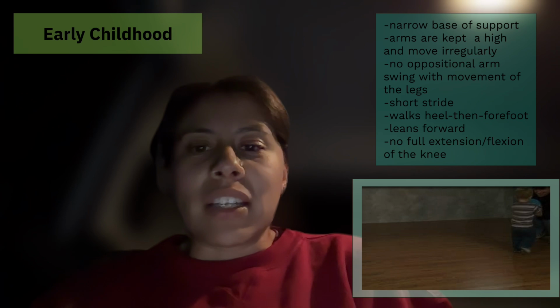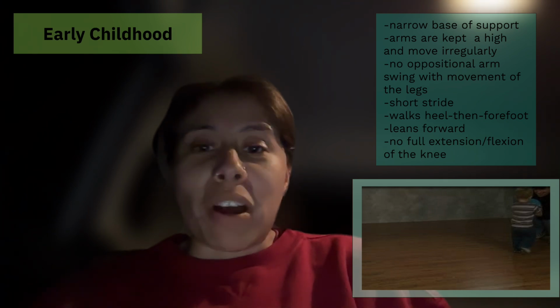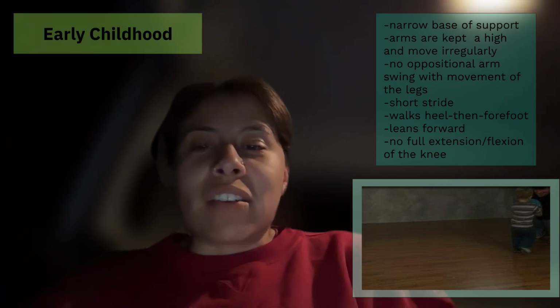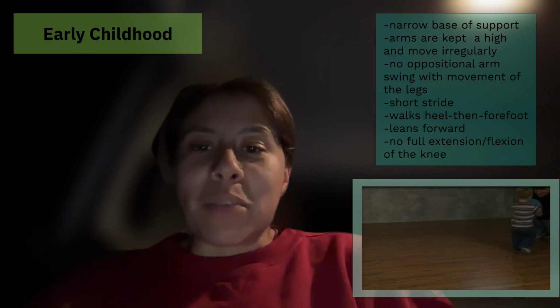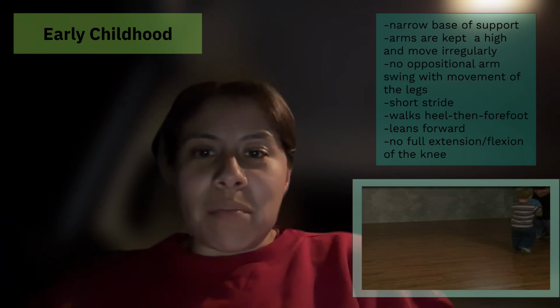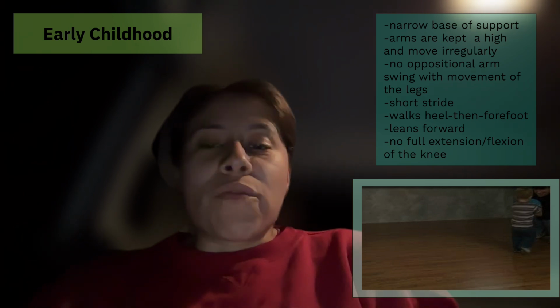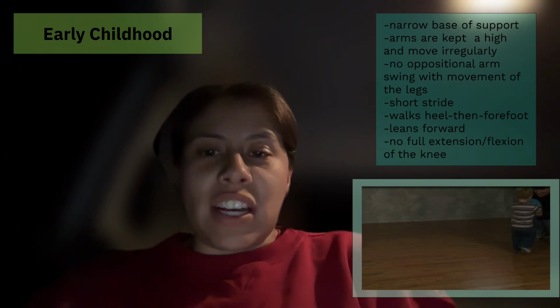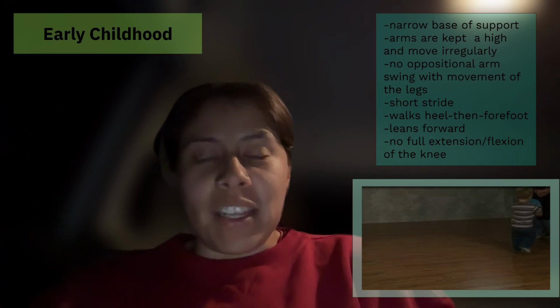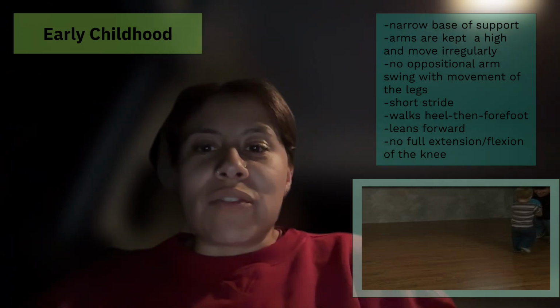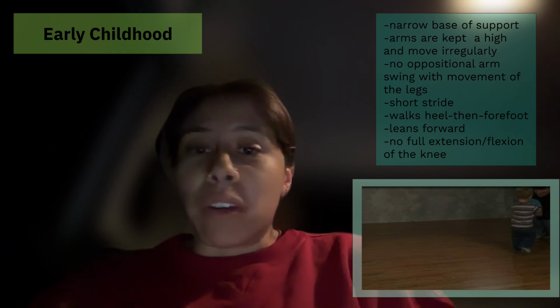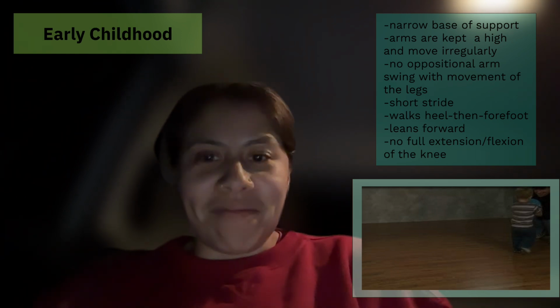This could be just because they have poor posture, lack of muscle stability or core stability, and they also show no full extension or flexion of the knee. This could be because of lack of joint mobility and just poor muscle strength because they are young, because they're a toddler.